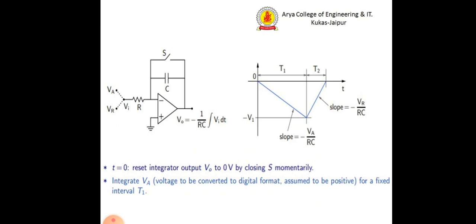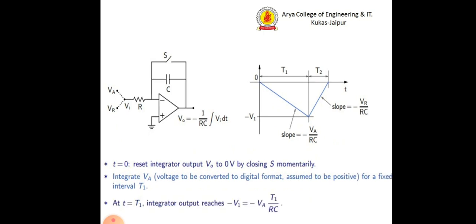After the t1 time, we put the switch to VR, the reference voltage, and again integrate. Obviously VR is of opposite sign to that of VA. The second slope runs from time instant t1 to t2, and the end of t2 is the time where the output approaches the zero value.